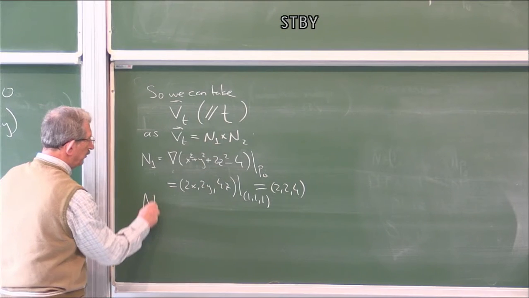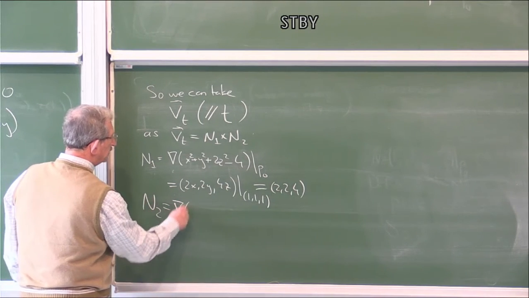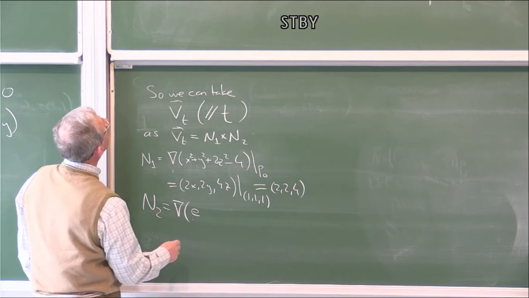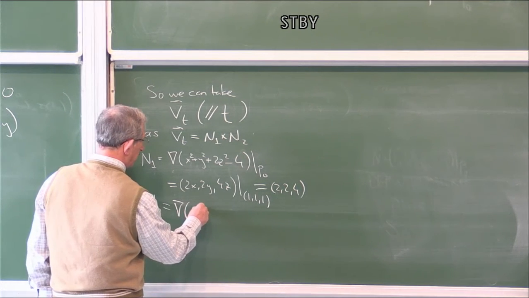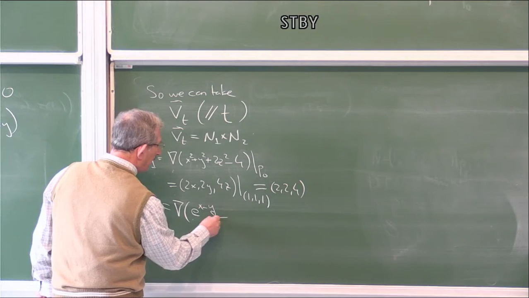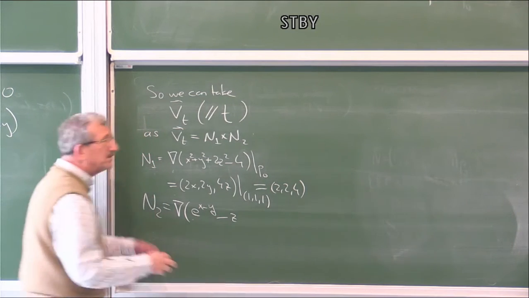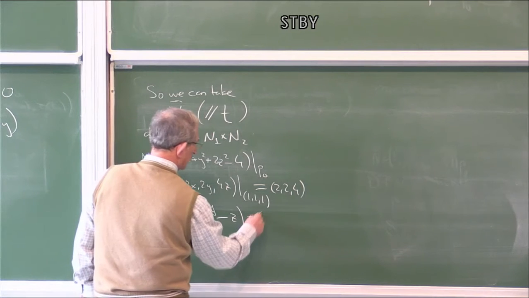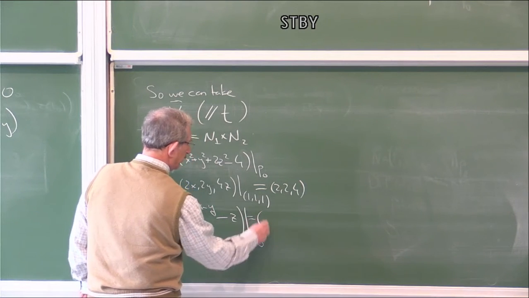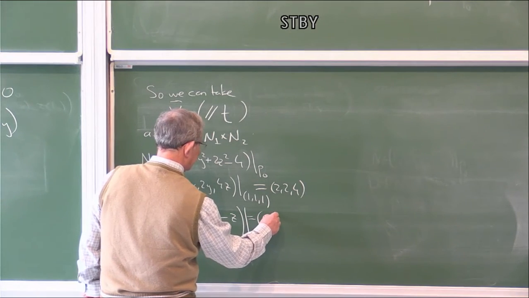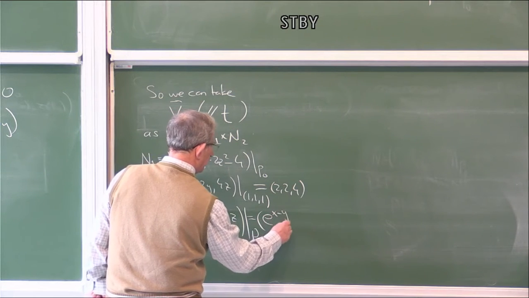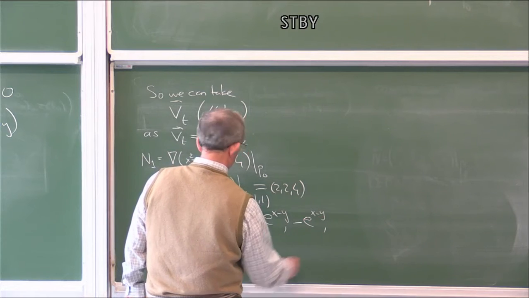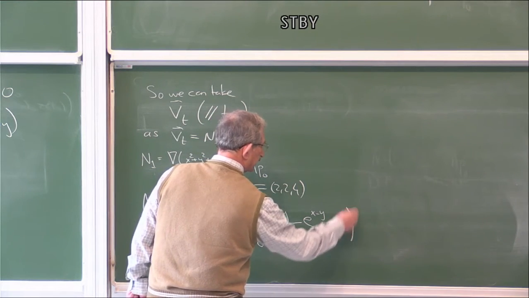Similarly, N2 is the gradient of e to the x minus y minus z, because it must be equal to 0. So at P0, it is e to the x minus y, minus e to the x minus y, and the derivative with respect to z.